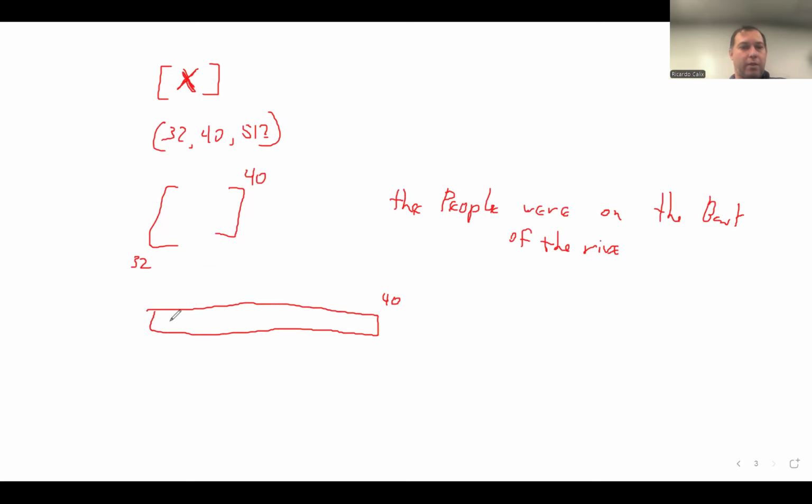So I'm just going to use the first letter, or a few letters, to keep it simple: the, comma, people, comma, were, on, dot, dot, dot, bank, 40 of them. Do you guys see that? That's what the 40 are.